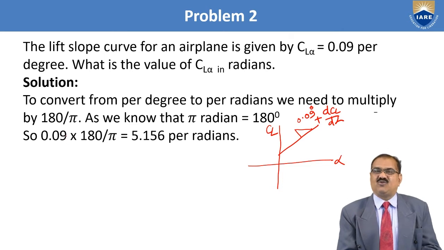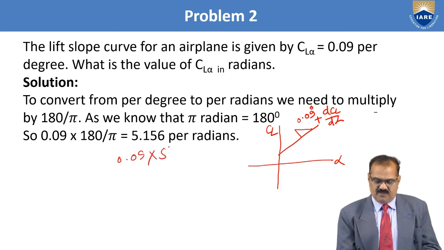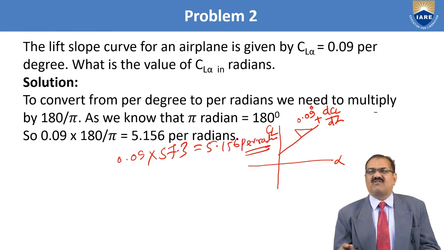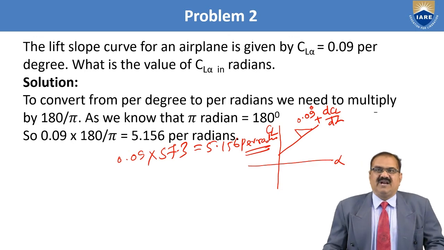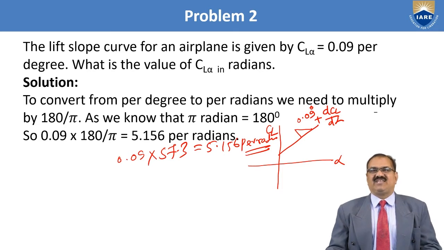So 0.09 into 180 by pi, or 57.3. 0.09 into 57.3, you will get 5.156 per radian.